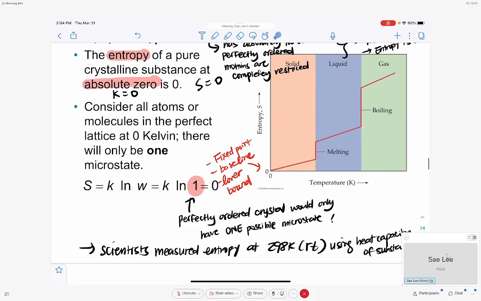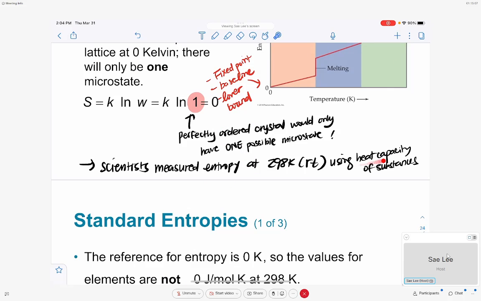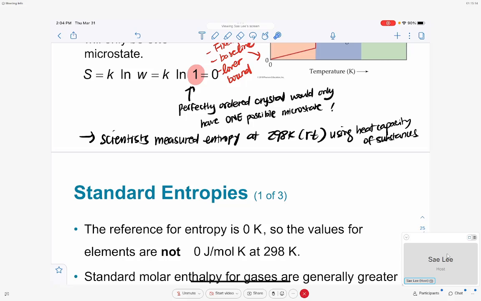They got the hint from this experiment, this graph. We just have to know that thankfully they measured it and came up with a table.